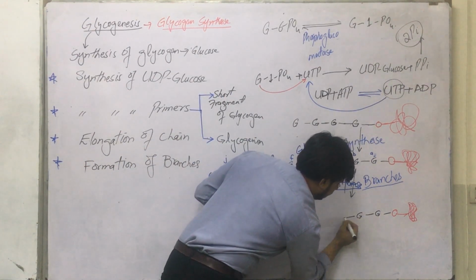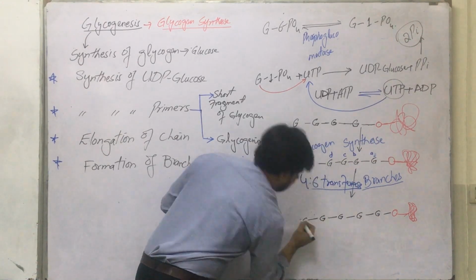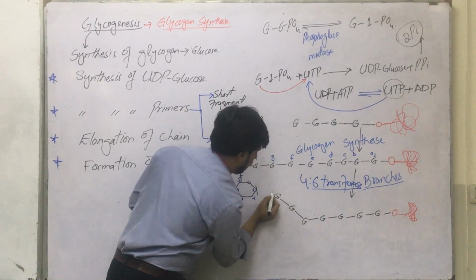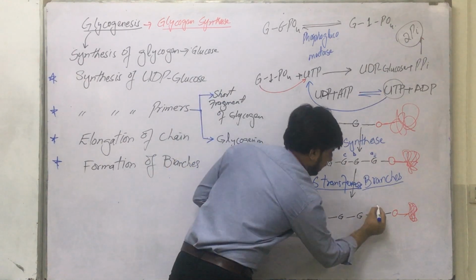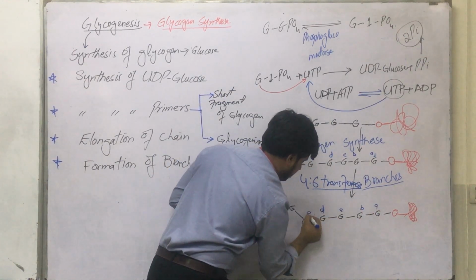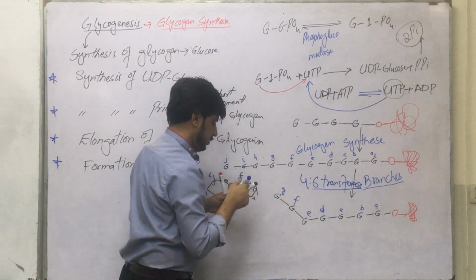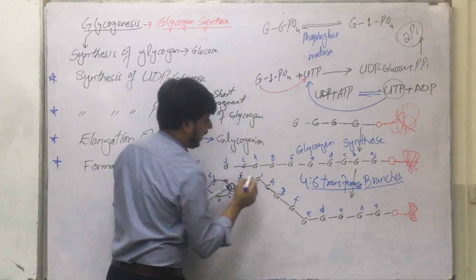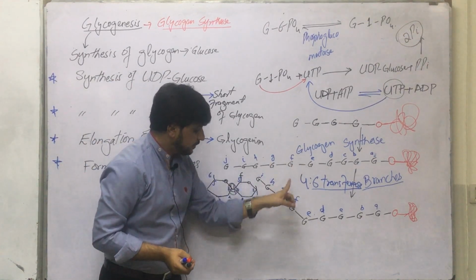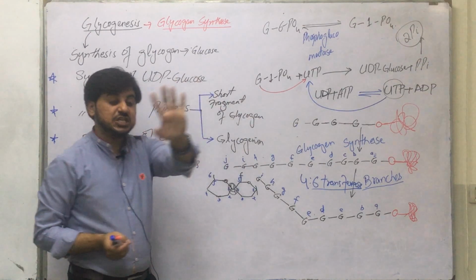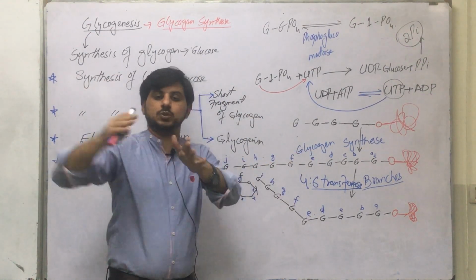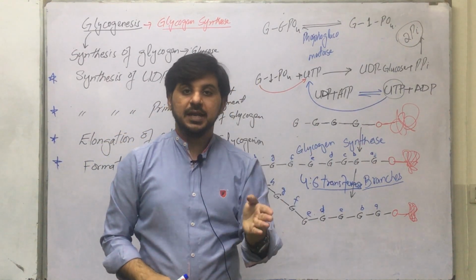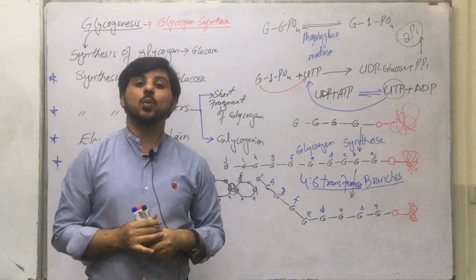This is glucose, glucose, glucose, glucose, and here glucose, glucose, A, B, C, D, E, F, G, H, I. As you can see, at this point, after each 10 to 11 residues, here on the board I can't show you the 10 to 11 residues, but remember always after 10 to 11 residues, the alpha 1,4 bond will break, and there will be formation of a new bond, which is the alpha 1,6 bond.